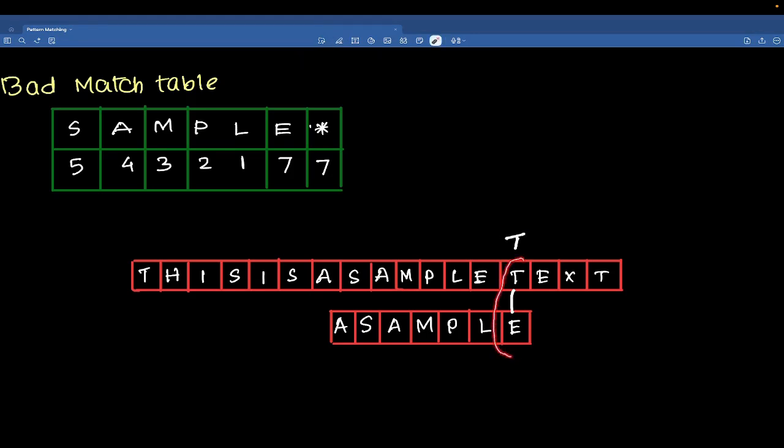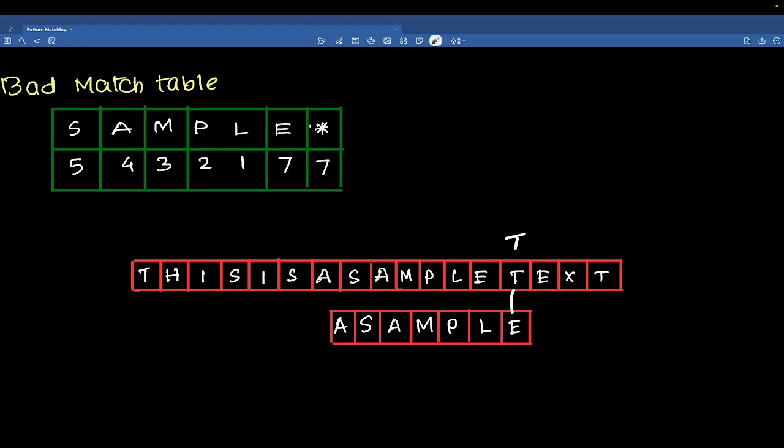E is not matching with T. So we will go to the bad match table and look for the character T, but we do not have T in the table. That's why we'll consider star as the character. The value for this star is equal to 7.